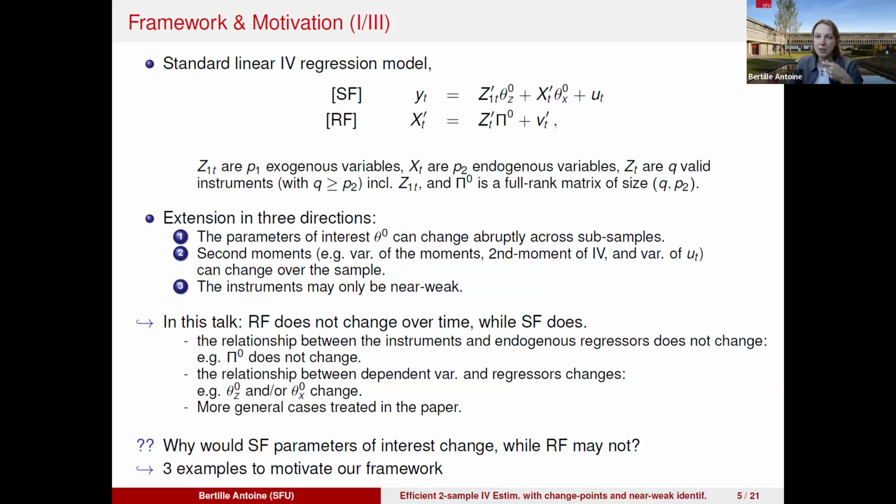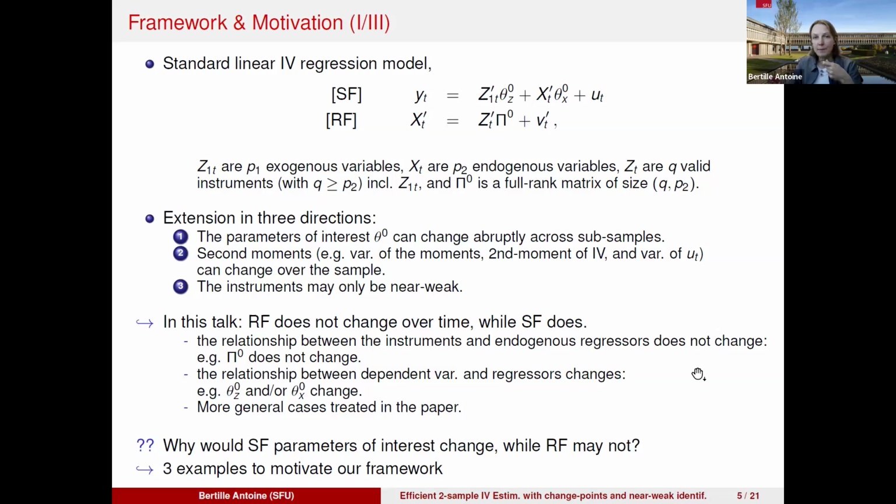So that means the variance of the moments, the second moments of my instruments, and of the structural errors U. And the third thing is that our instruments may not be strong. We are not considering the limit case where they are truly weak, but we will consider intermediate cases where they are near weak, and we will follow the usual path to model that, and I will come to that in a moment.